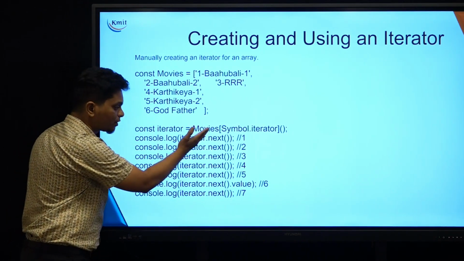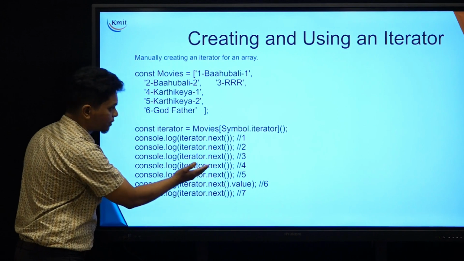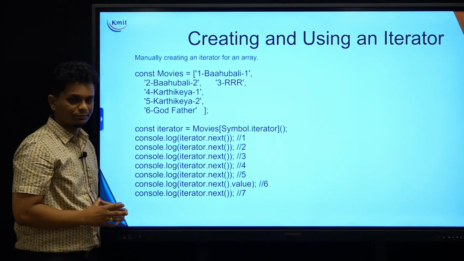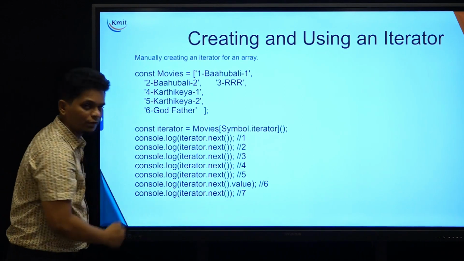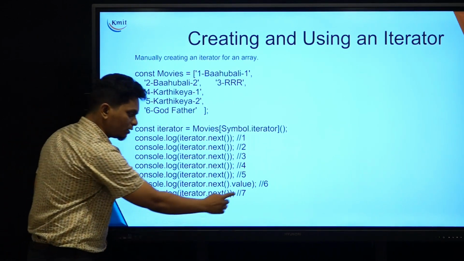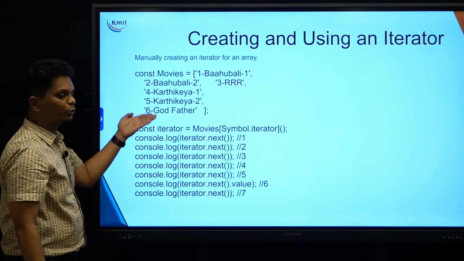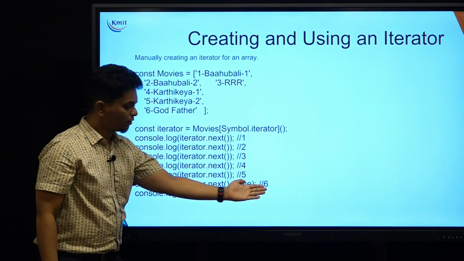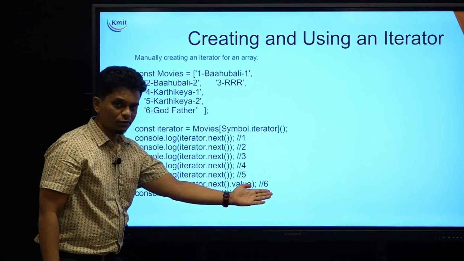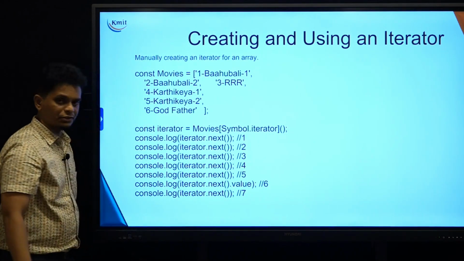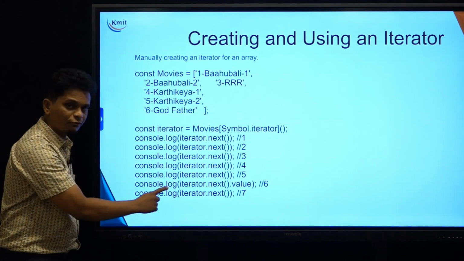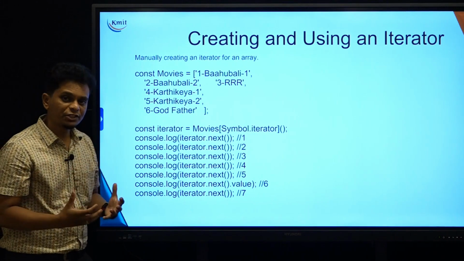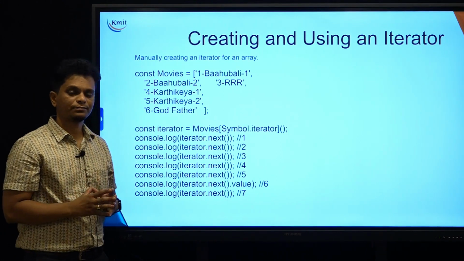Same way it continues till 6, and if you observe here, we have 6 items lined up in the array, but we do not have the 7th one. So until 6 we get all the movie titles and their boolean property, which is false, and at the 7th iteration we will get undefined followed by true, indicating the next method has finished traversing through the list.